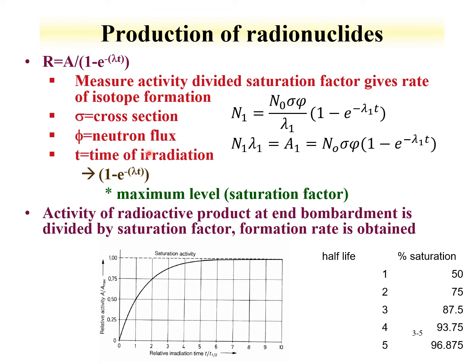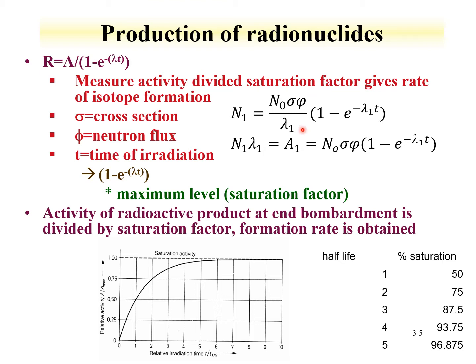Using the saturation factor, the number of product atoms produced is equal to the number of target atoms times the cross-section times the flux, as we discussed on the previous page, divided by the decay constant for the atom produced times the saturation factor, 1 minus e to the minus lambda t, where lambda is the decay constant for the isotope produced. If the number of product atoms is known, the activity can be found by multiplying the number of product atoms by the decay constant.